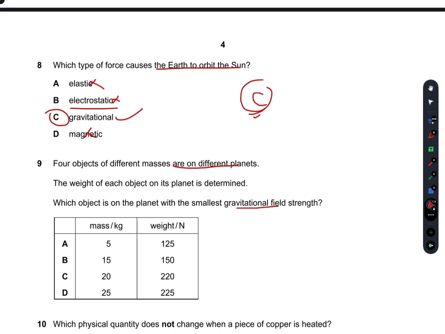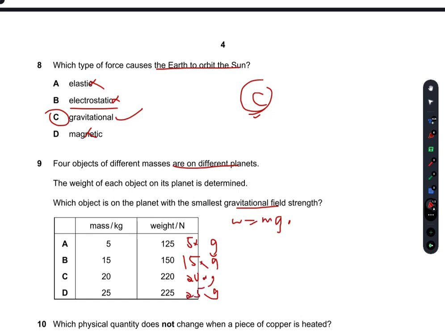So we have to find the value of g here. What is weight? Weight is mass times g. So the masses are 5 times g, 15 times g, 20 times g, and 25 times g.